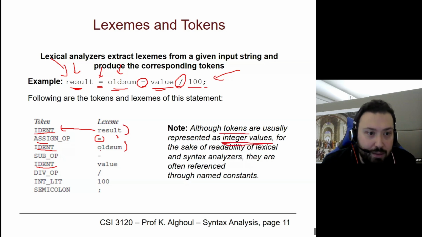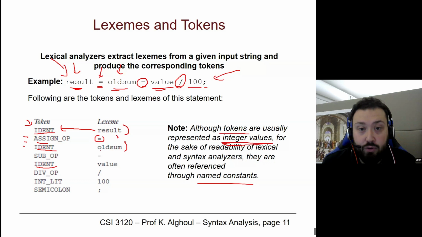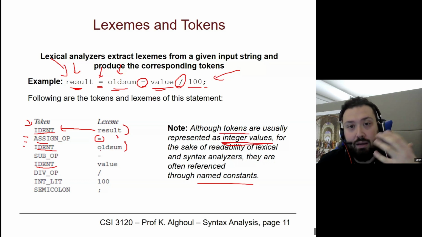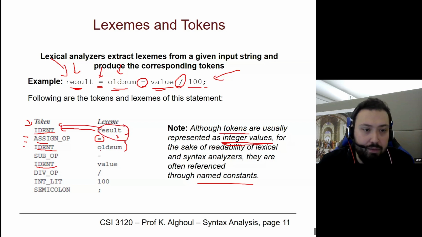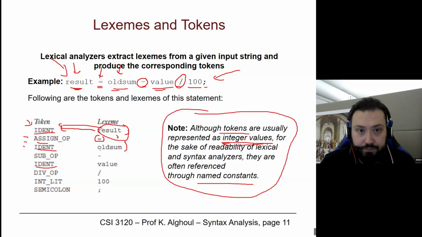But for us to be able to read them, we represent them through named constants, of course. Technically, the machine is reading integers. So we take this and represent it, for example, by a number 3 or number 4 or whatever. But to be able to read them, we represent them with a named constant. So be very careful when it comes to this thing.